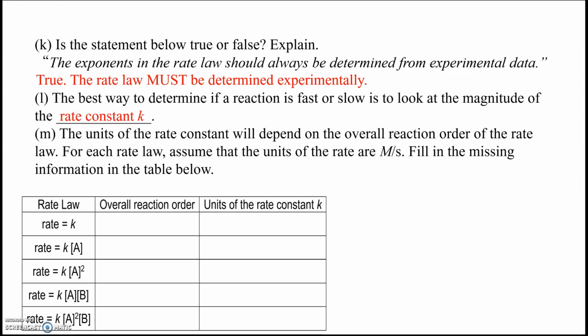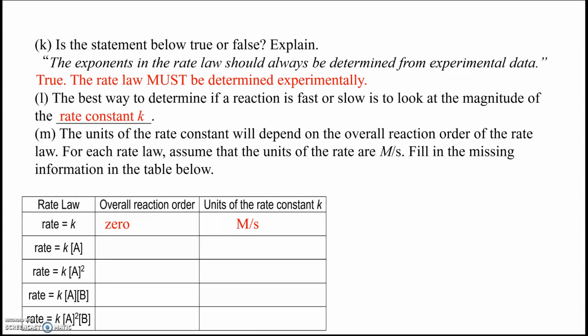Now we have a table for some various rate laws, and we can look at the significance of the concentration of my reactants to get an overall reaction order and the units of the rate constant for that reaction order. So in the first case, the rate is just equal to K. We do not include any concentration of any reactant, so that's going to be 0 order, and my rate constant is going to be molarity per second.